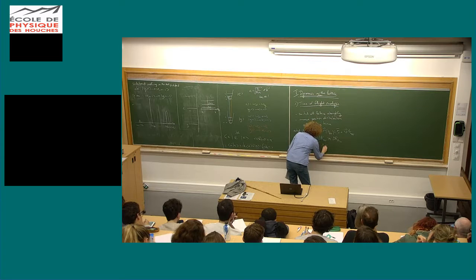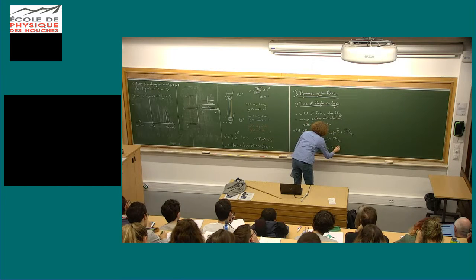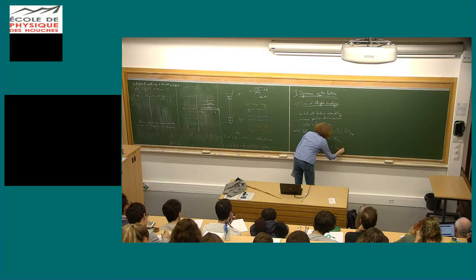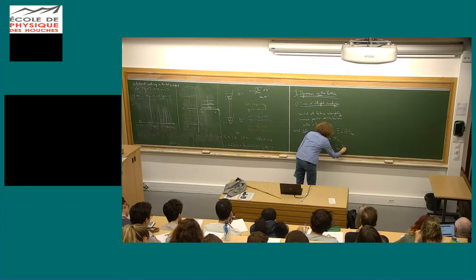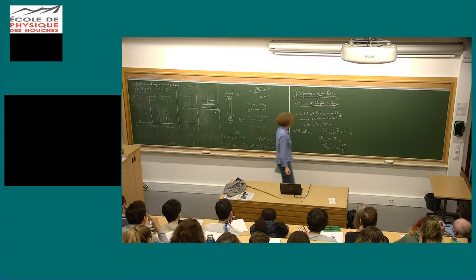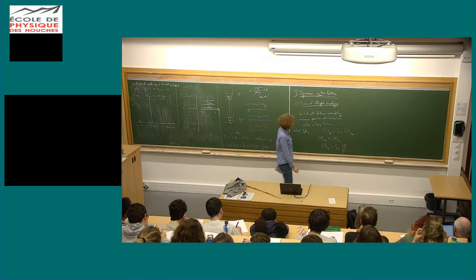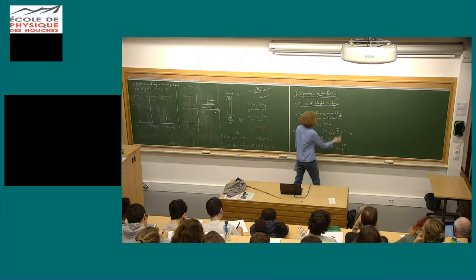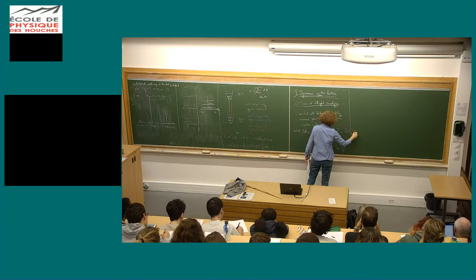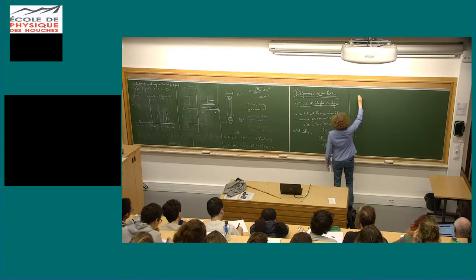So the size after time of flight is approximately the time of flight times the size in v, which is the size in p, divided by m. So the idea is to be able to measure, in fact, the momentum distribution, which is directly related to the position distribution after time of flight.